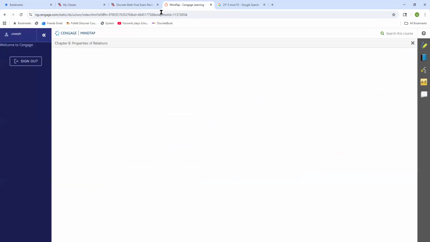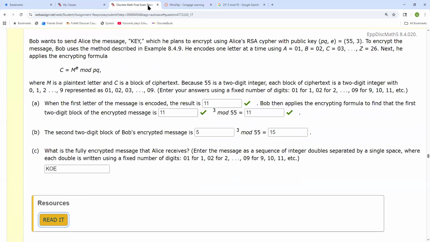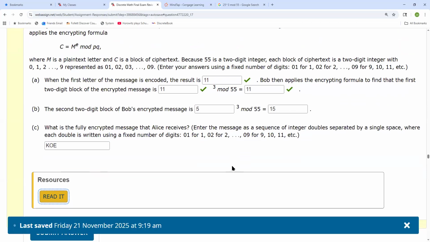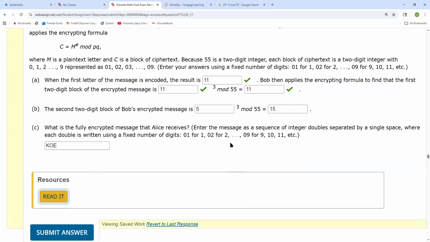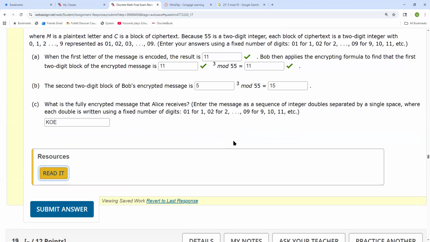Oh, actually, I think I did make a mistake. Sorry, I keep clicking read it instead of submit. Actually, I'm supposed to submit the answer as integers, not as letters. So that's my fault. So what integers does she receive? This is actually way easier than I'm making it. I don't even have to figure out the letters. I'm just supposed to say the numbers.